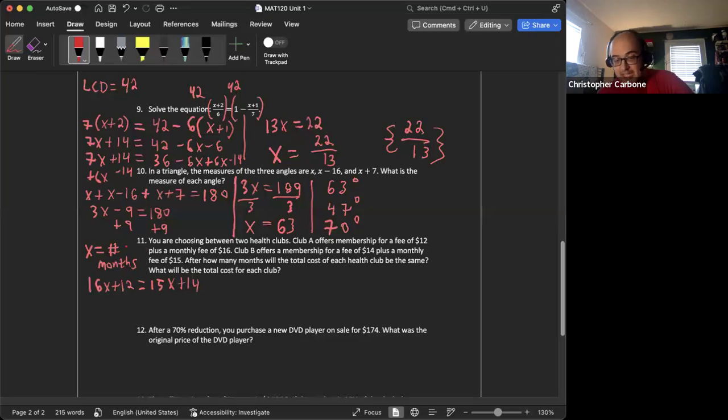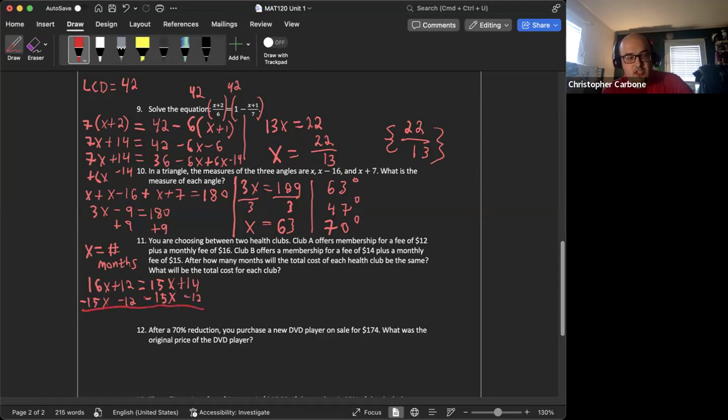So from this, we can subtract the 15x and subtract 12 from both sides.